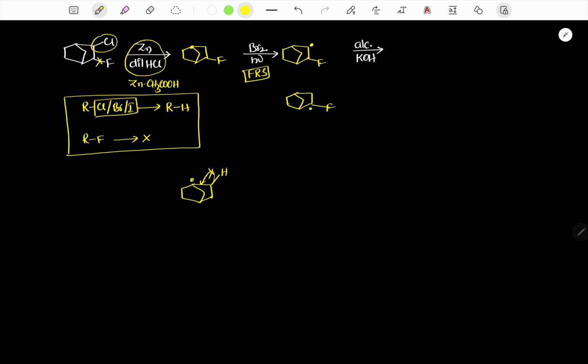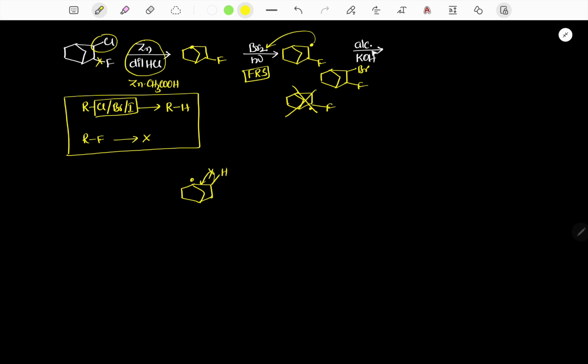If other possibilities are not there, then it can be possible, but here another possibility is there. That's why we should not consider this one. So it forms the stable radical, and the stable radical reacts with Br2. Finally, it produces the corresponding bromine and fluorine compound.